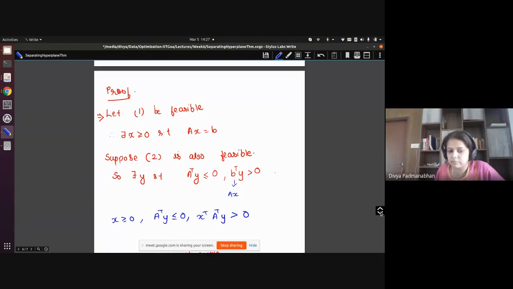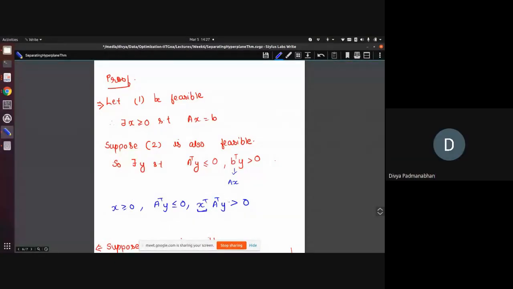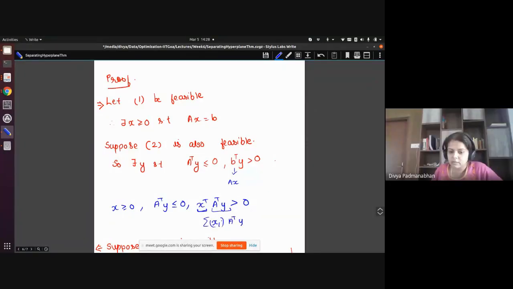Now, this cannot happen, right? Because A transpose y is a vector and all its entries are less than or equal to 0, and this vector X has all entries greater than or equal to 0. So it's the sum of Xi times the ith element of A transpose y, where each Xi is greater than or equal to 0 and each element is less than or equal to 0.